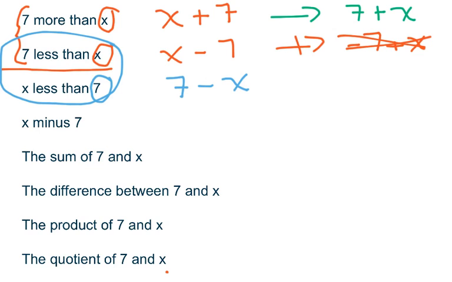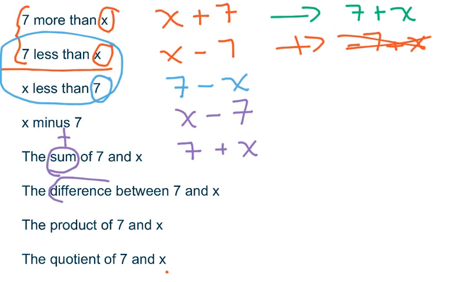You just write it the way you see it: x minus 7. The sum of, sum means plus, so you write it the way you read it: 7 plus x.